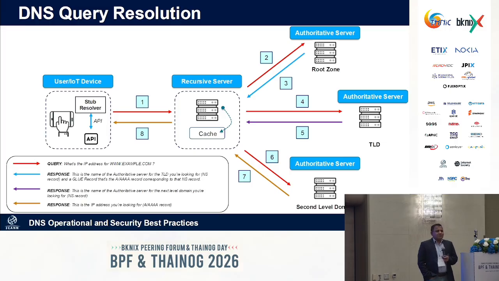There are 12 root server operators in the world operating 13 letters. The resolvers talk to the top level domains, then the second level domains, get the response and give it back to the client, and these answers are cached in the recursive resolvers.